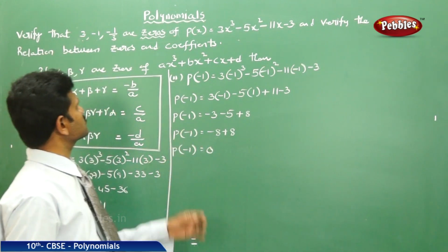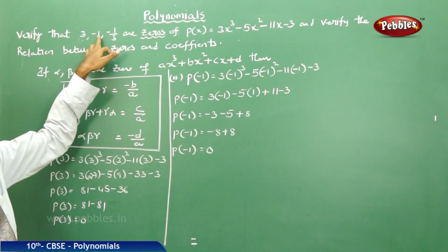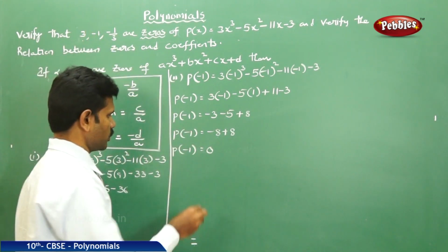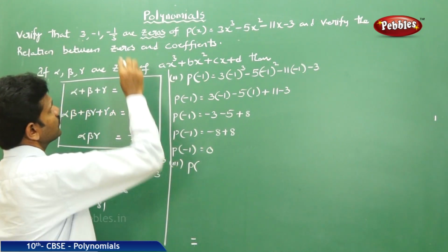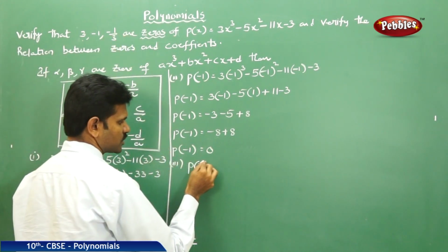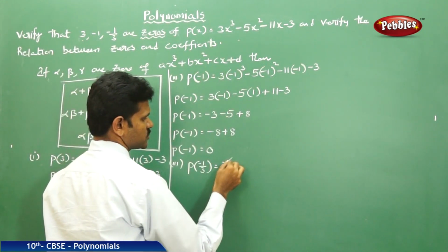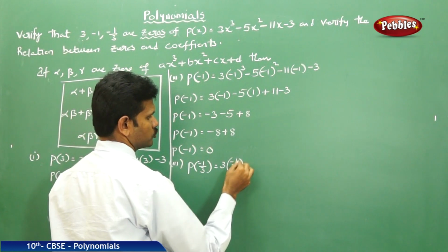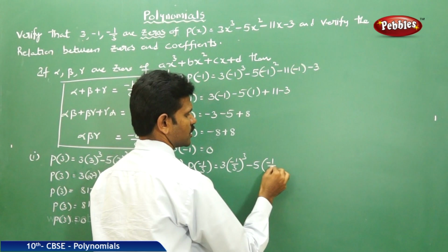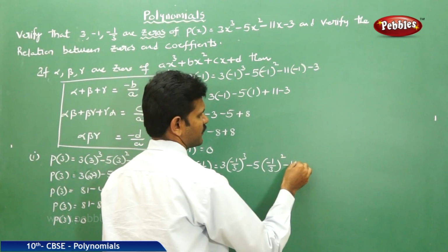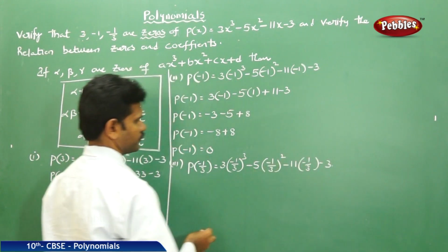In the second condition also I got the answer 0, therefore I conclude that minus 1 is a zero of the given polynomial. Now condition number 3, p of my third zero, which is minus 1 by 3, a fraction, is equal to 3 times minus 1 by 3 whole cube minus 5 times minus 1 by 3 whole square minus 11 times minus 1 by 3 minus 3.